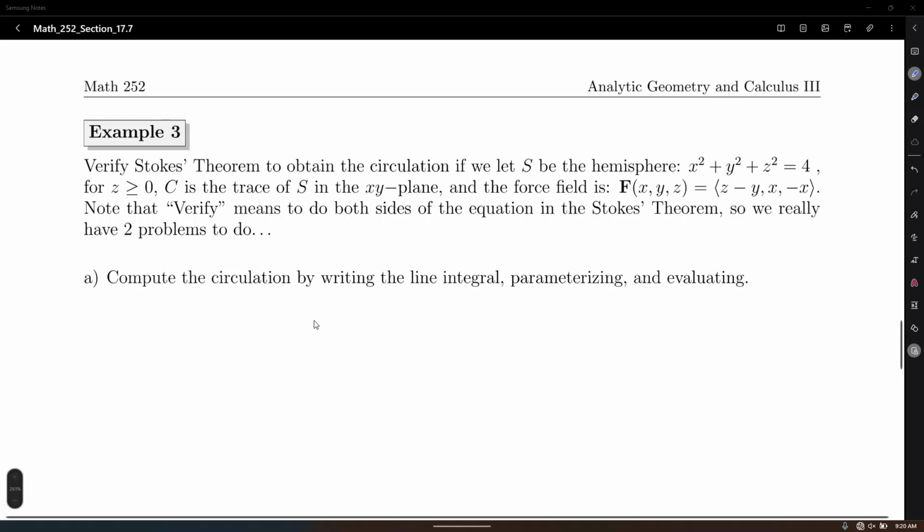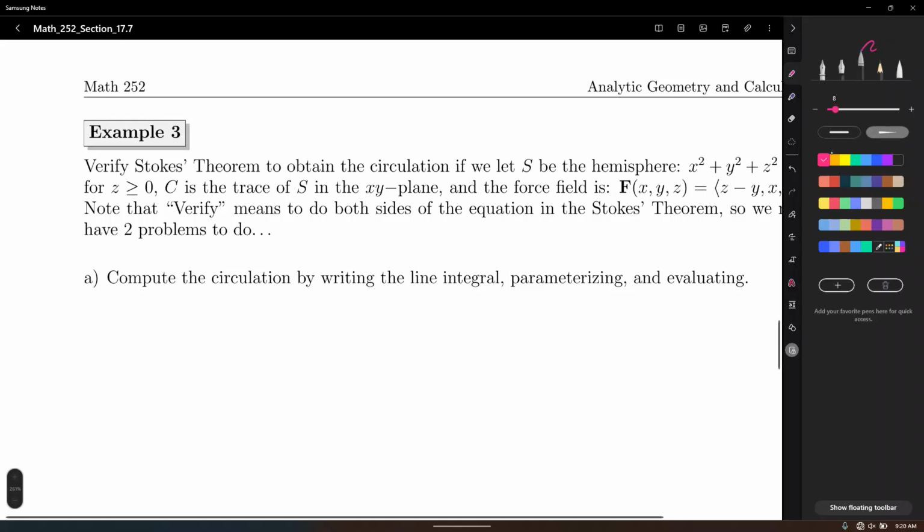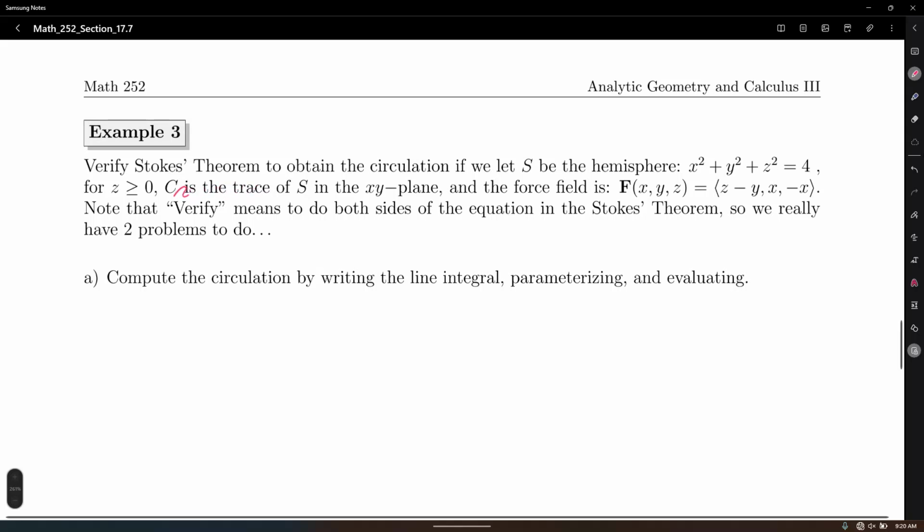How do we get the trace in the xy plane? Remember traces? Set z equals 0, right? So C is the trace.